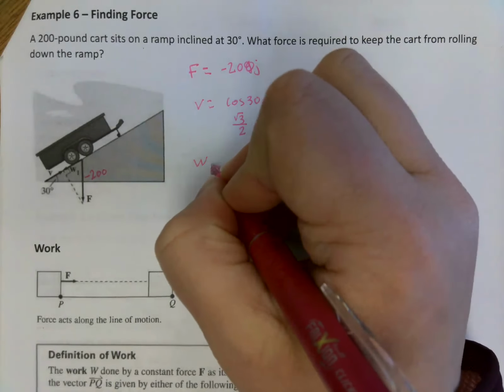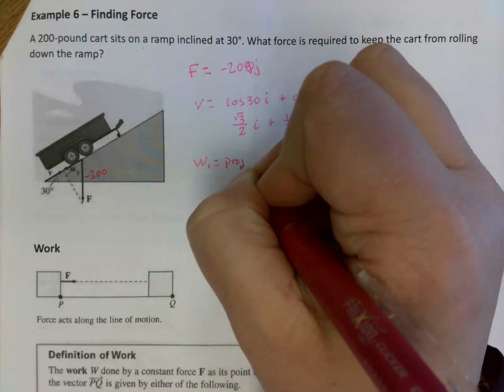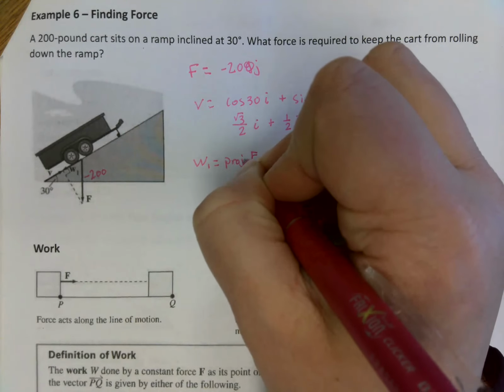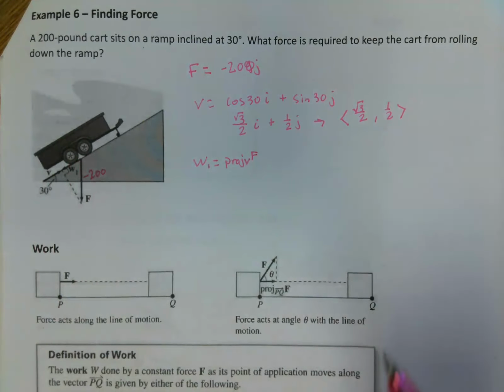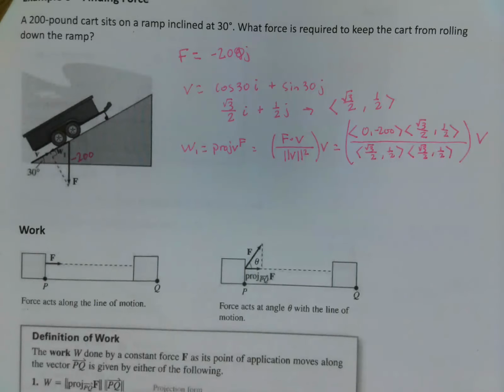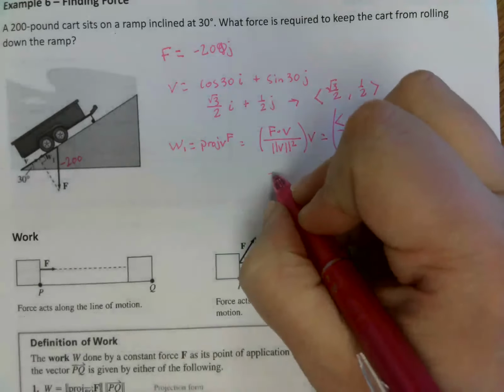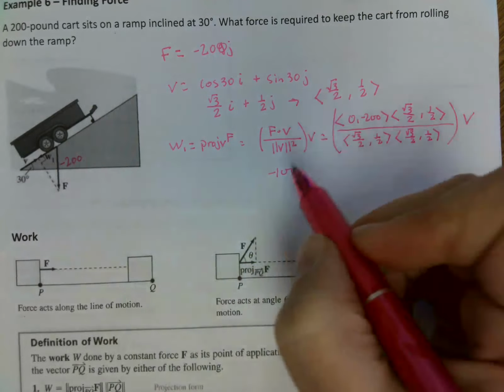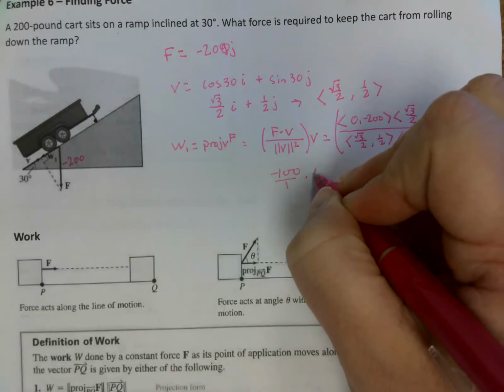So now we're looking for w sub 1, the projection of F onto v. Using that formula, if we simplify this all down, we get negative 100 over 1, that's this right here, times our v.